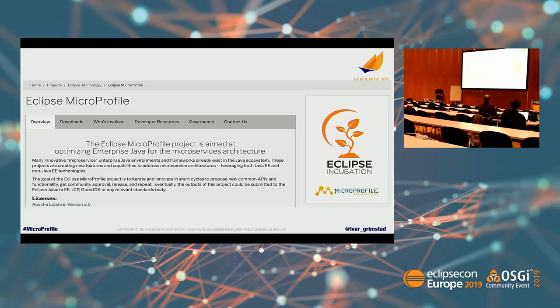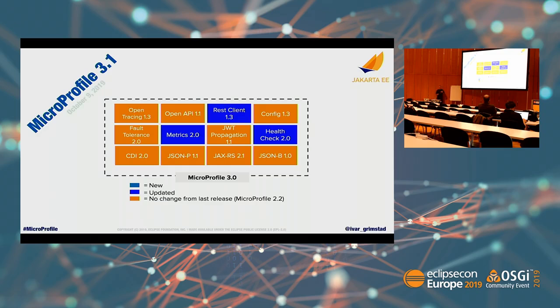So it builds on a foundation of enterprise Java technologies and adds some stuff on top of it, so you can use that to create microservices. And the latest version of MicroProfile is version 3.1. It came out October this year. There will be a version 3.2 coming out next week or something, and I'll come back to that later, exactly why.